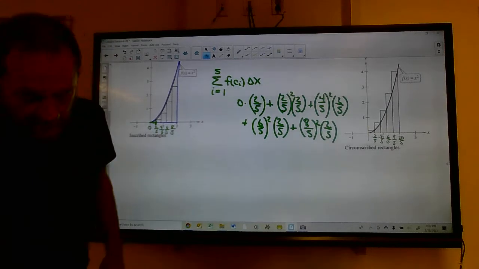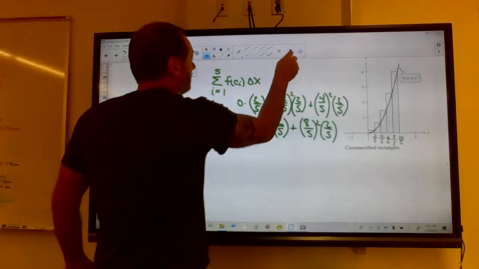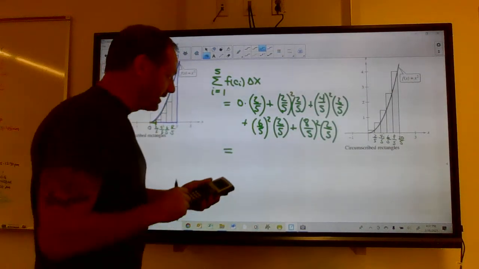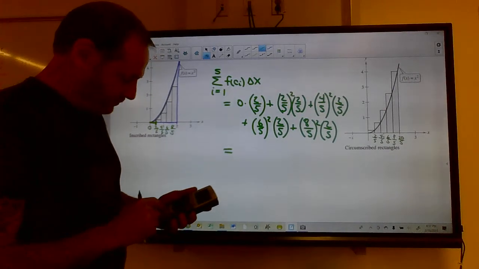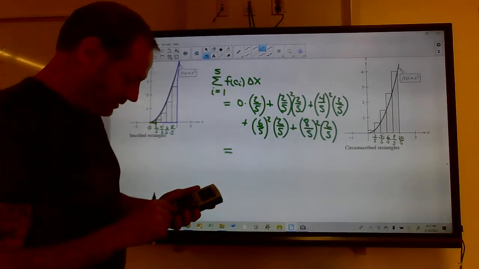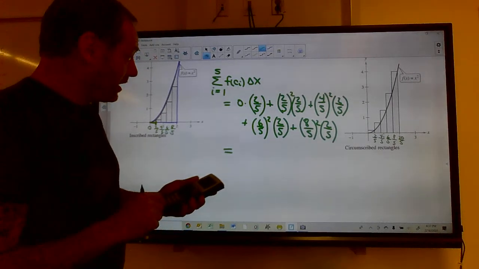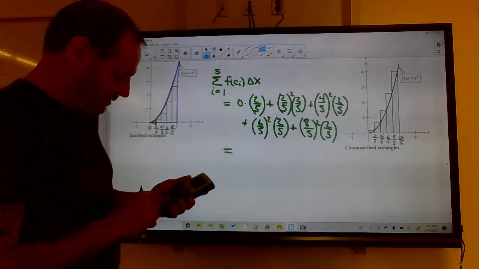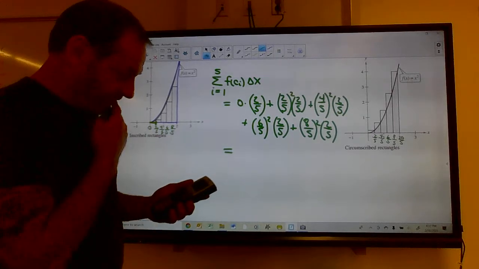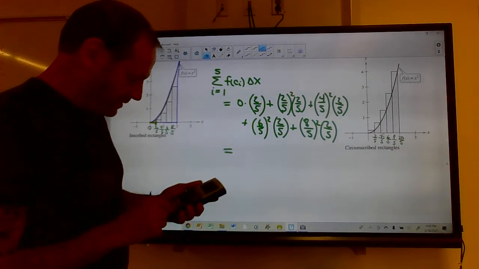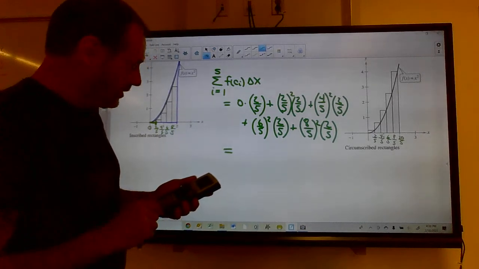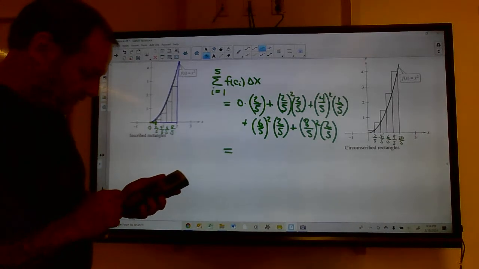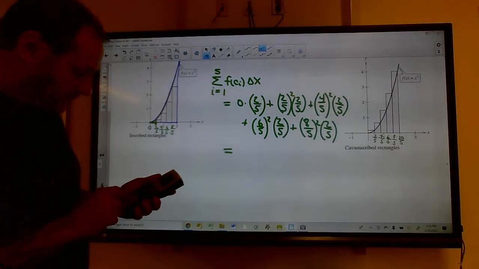Okay, so now I can calculate what this is. This is 0, so then 2/5, 0.4 squared times 0.4, plus 0.8 squared times 0.4, plus 6/5, that's 1.2 squared times 0.4, plus 8/5, which is 1.6 squared times 0.4.